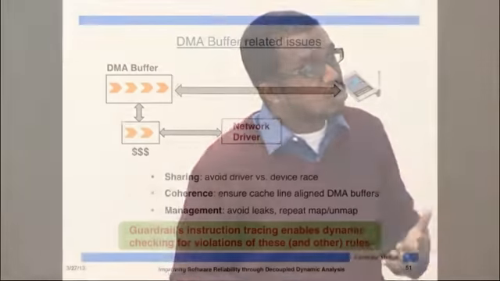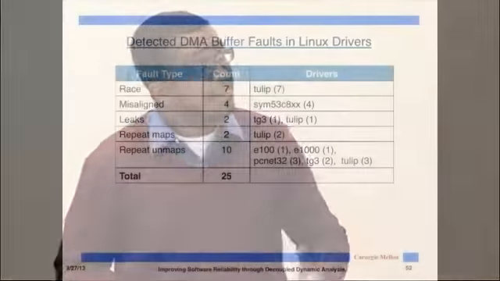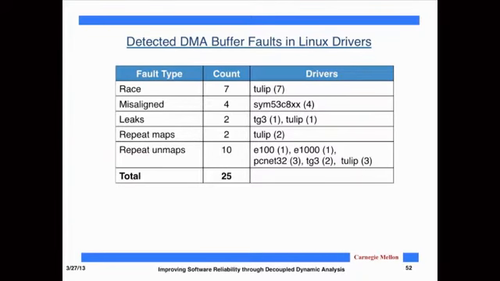Because Guardrail gives us an instruction trace of what the driver is doing, we can write checking tools to check for violations of all of these rules. In fact, I did that for Linux drivers, and I found about 25 violations of this nature, 7 of which were races between the driver and the device. And there were about 4 cases where the DMA buffer was misaligned.